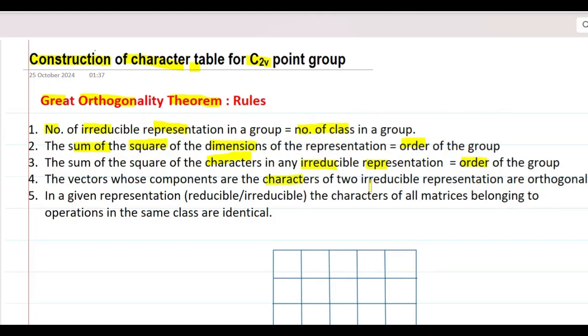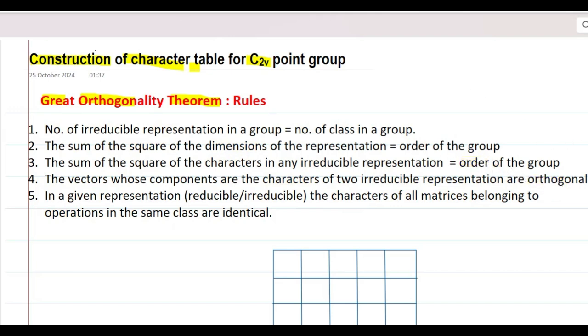Then the characters of two different irreducible representations are orthogonal. Also, the characters of all the matrices belonging to the operations of the same class will remain identical. These are the rules that were discussed in the previous presentation, and we are going to make use of these rules for the construction of the character table for the C2v point group.